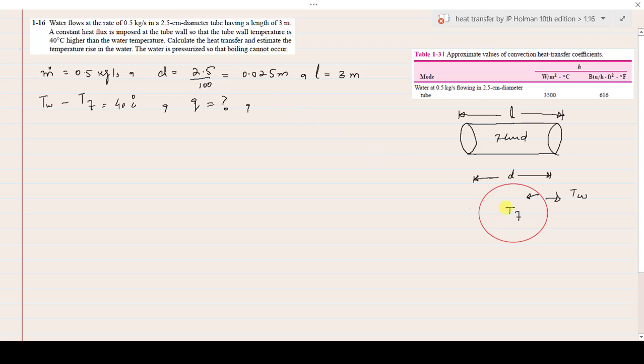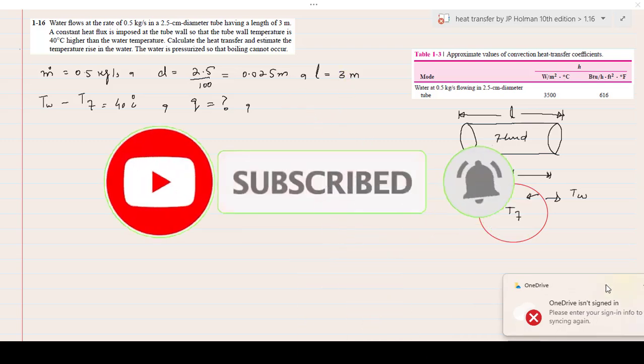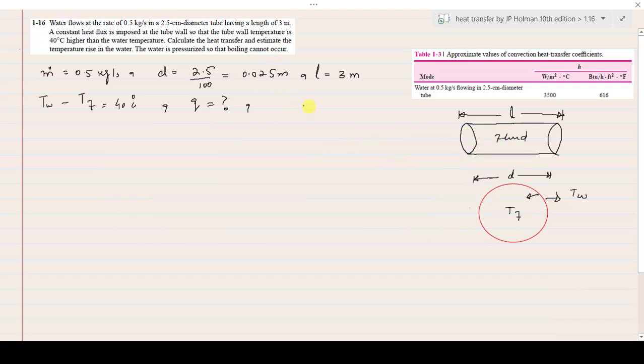And also, when there is heat transfer from the tube wall, there must be a temperature rise of the fluid. So this is convection heat transfer, as heat transfer from the wall to the fluid is of the convection type.